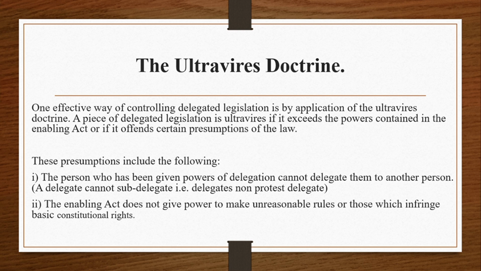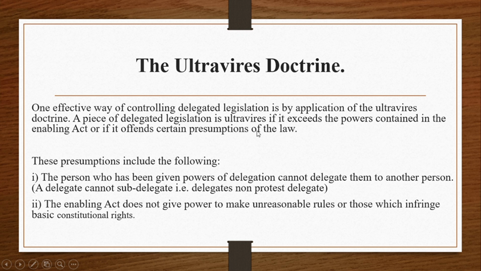So it's like going overboard. So one effective way of controlling delegated legislation is by application of the ultra vires doctrine. So this one, a piece of delegated legislation is ultra vires or invalid if it exceeds the powers contained in the enabling act, or if it offends certain presumptions of the law.